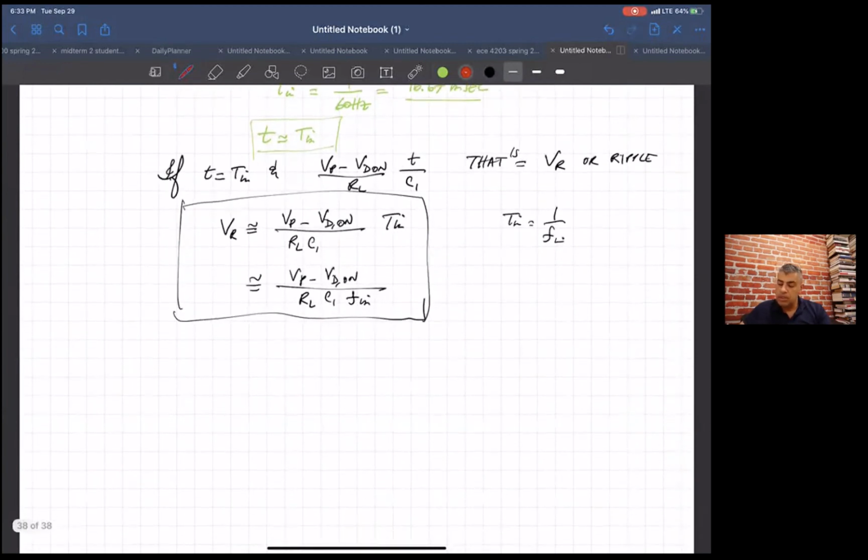If you want a certain V sub R, a certain droop, say 100 millivolts or something, then you can pick some of these numbers. Basically, you can pick C1 because Fn is what's coming from the wall. That's a known. R sub L is something that the device designer has already done. So you can basically pick the capacitor.